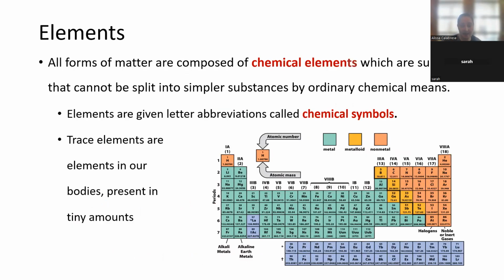Each atom of a particular element is unique, right? And we can tell what element we're looking at by the number of protons in the nucleus. The number of protons is the atomic number. So if we look at the periodic table here, our first one, hydrogen, has 1 proton. So any atom with 1 proton is hydrogen.